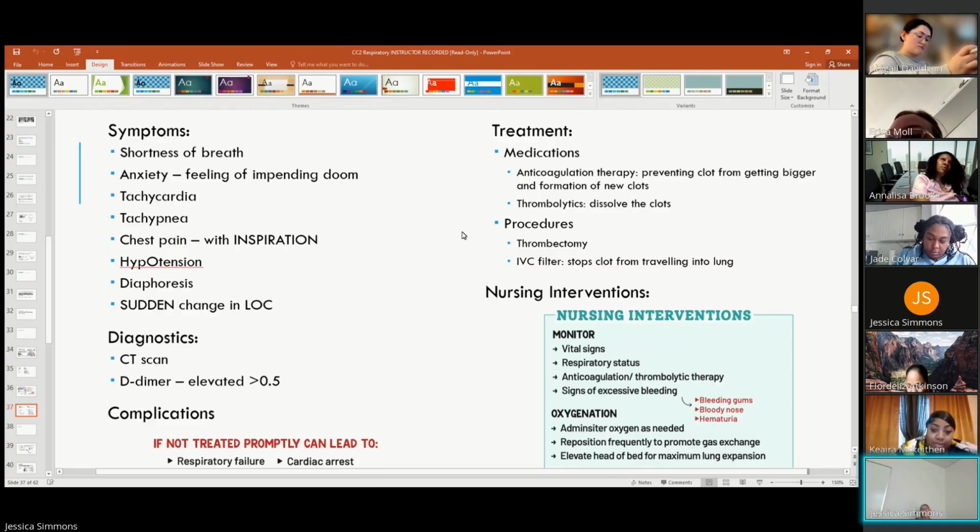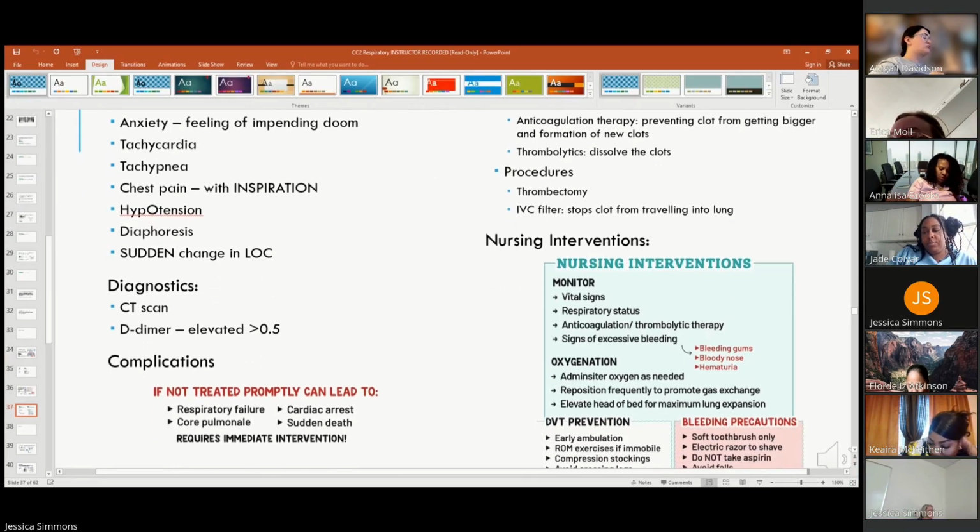So if you already have a PE, an IVC filter isn't really going to do much, because the purpose of an IVC filter is to stop a DVT from getting to the lungs. It's like a little basket that they put within the vein, like a filter, like a colander, that if a clot were to go up the vein, it would stop right there in that filter.